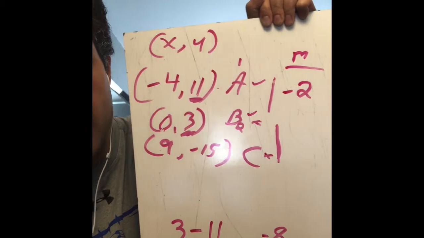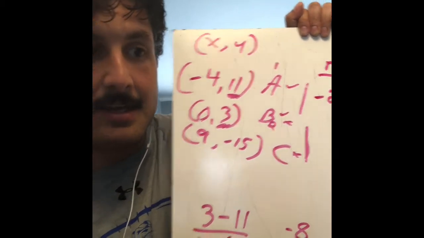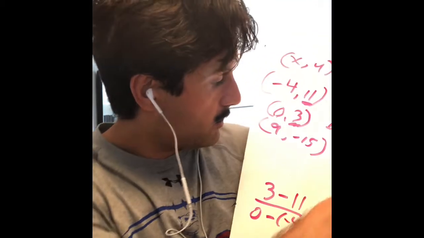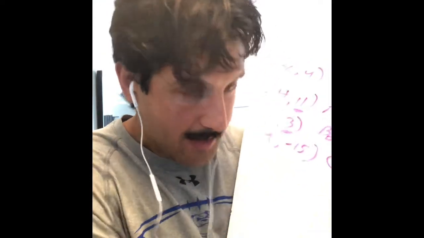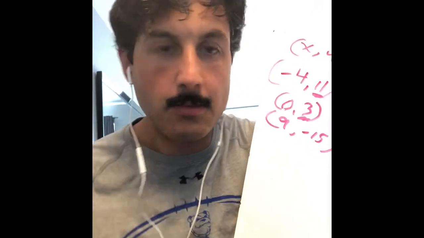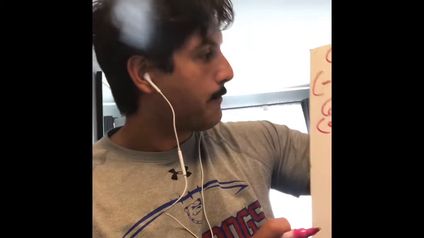Now what I want to find out is if B and C have a similar result. So let's look at B and C now. We're going to call C point 2: negative 15 minus 3 over 9 minus 0.